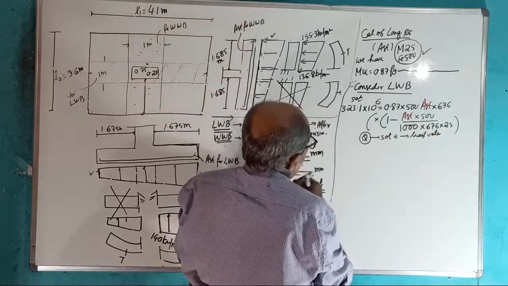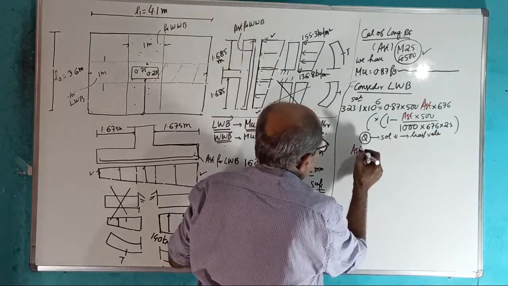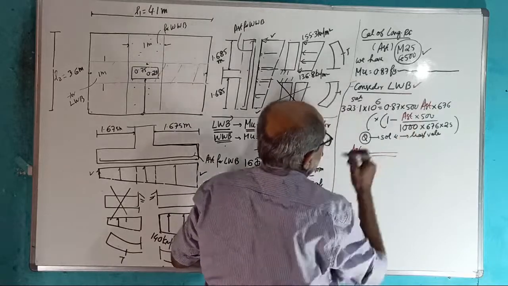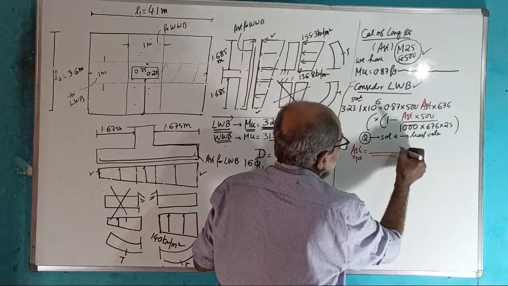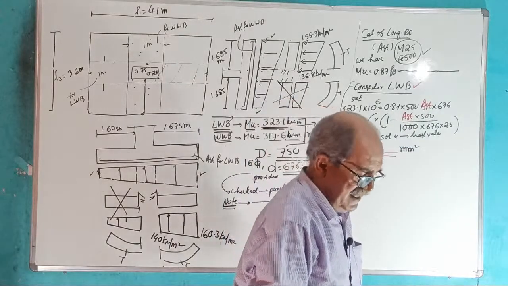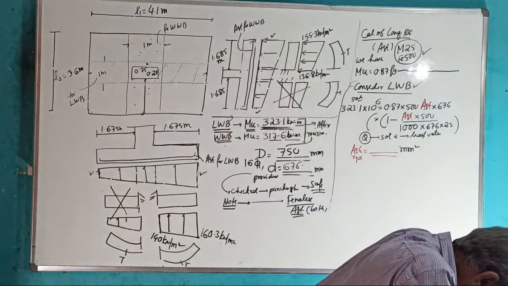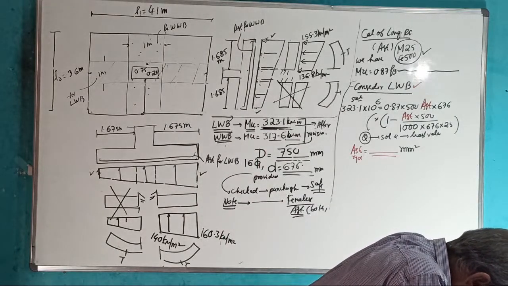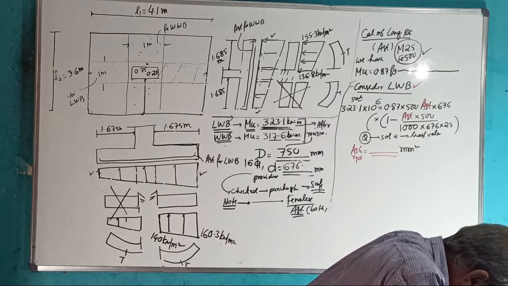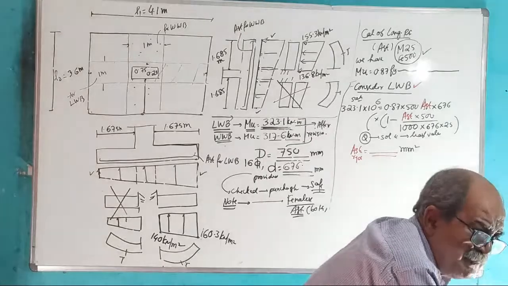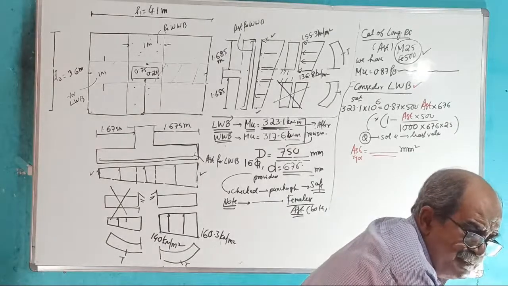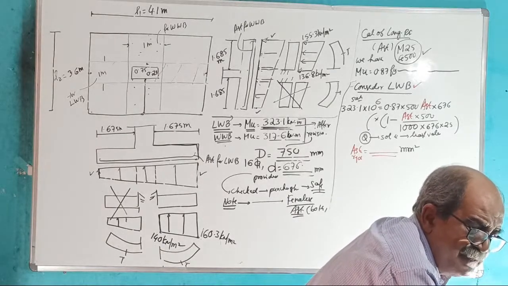Tell the answer. What is the AST required for lengthwise bending? It comes in millimeter square. Answer. 1136.63. Correct answer. At least one more person, if he gives the answer, I get confidence. Otherwise, suppose a mistake is there, that mistake will remain permanently.